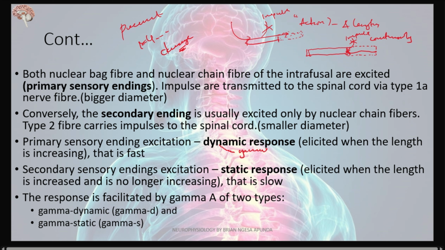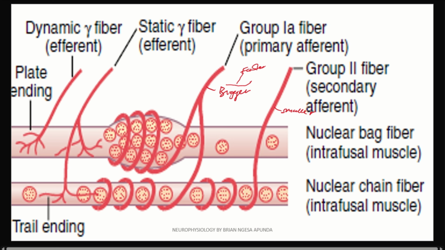So if I refer you back to this image, what you are seeing, the primary we've suggested, it is good for the dynamic. So upon stimulation, it will evoke a response by the dynamic.